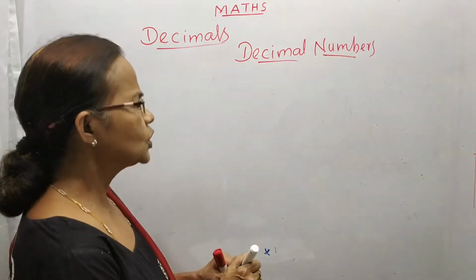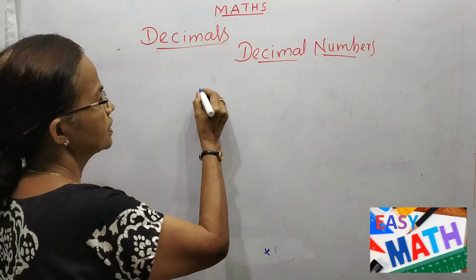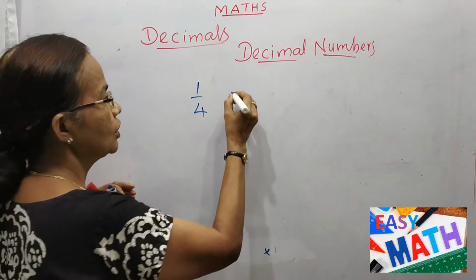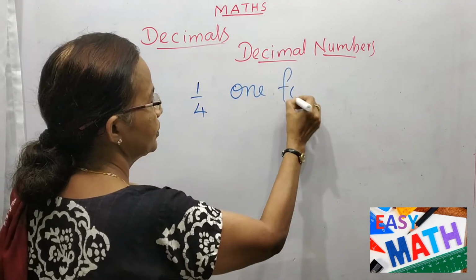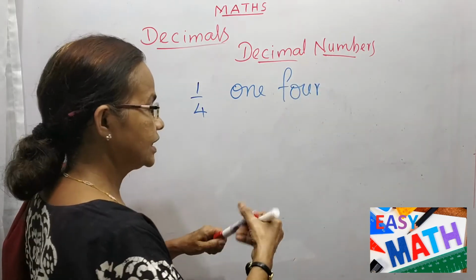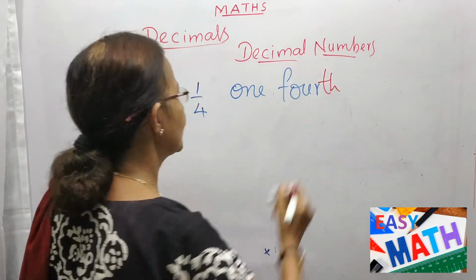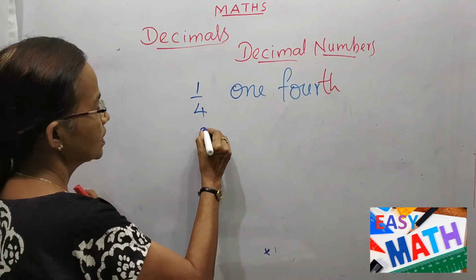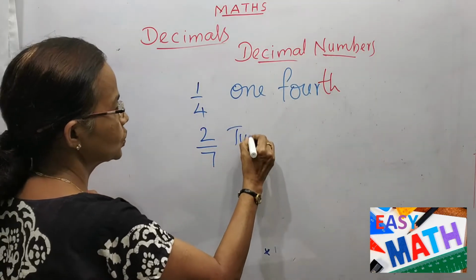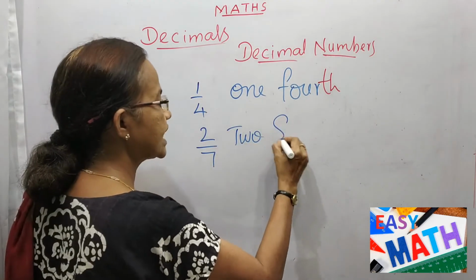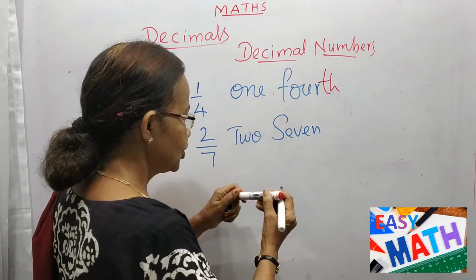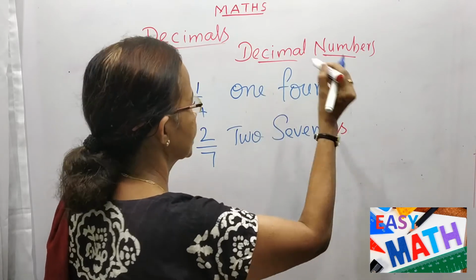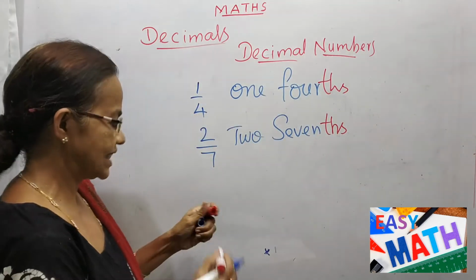Now you should know, you have already learned 1/4. You have learned it as a quarter or one fourth. Then 2/7, that is two sevenths.